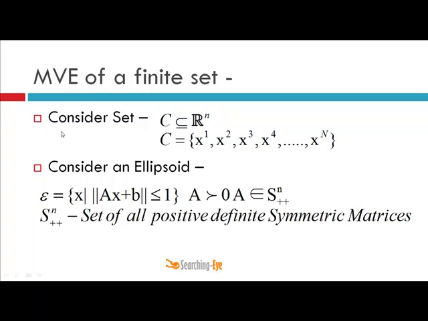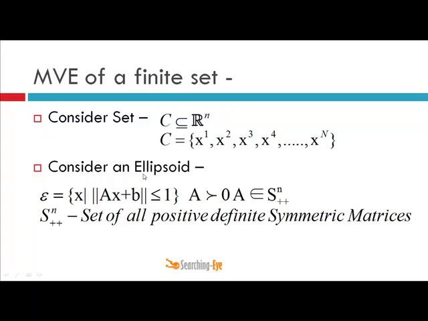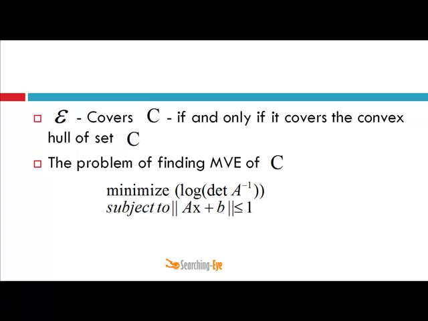Each of your vectors in the set C must lie inside this ellipsoid. Therefore, there is a constraint that the norm of Ax plus b is less than or equal to 1. And since we are finding the ellipsoid of minimum volume, we are minimizing the log of the determinant of A inverse. We can also maximize the log of the determinant of A, but we are minimizing the log of the determinant of A inverse.